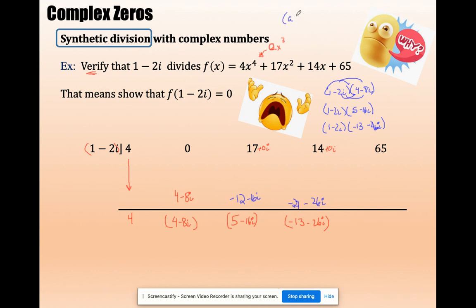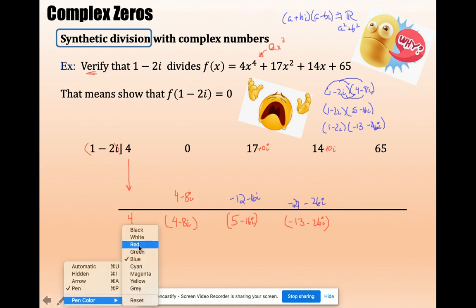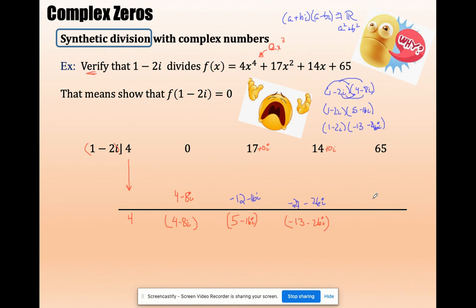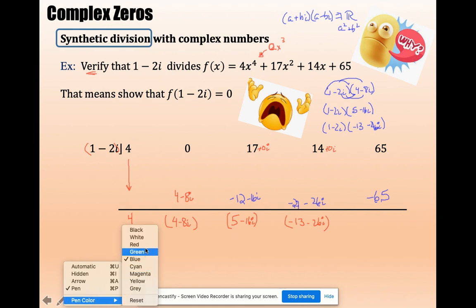Anytime you multiply complex conjugates, which are both non-real numbers, you get a real number back. So what I did this time too, it just happened to work out. If you don't believe me, do the actual multiplication yourself. And when I did it, shockingly enough, I got negative 65. And when I added that down, I got 0.